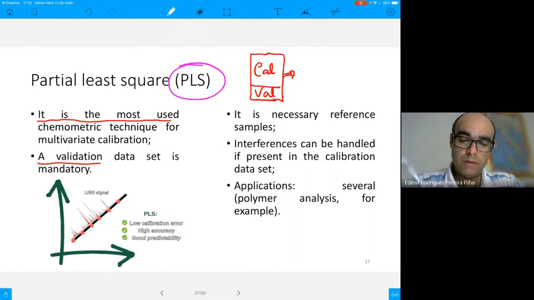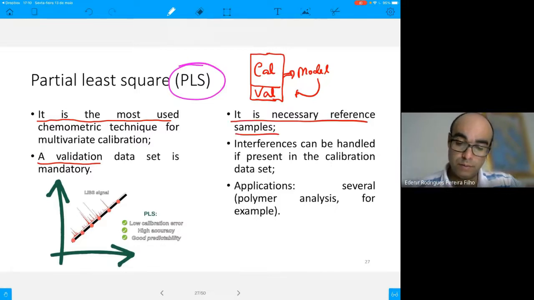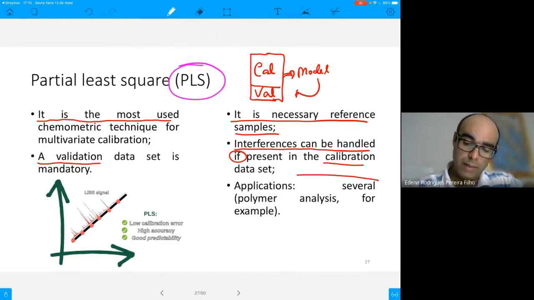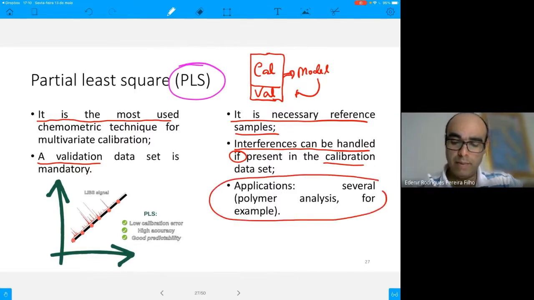In the first one, we calculate a model and test this model in the validation. Reference samples with reference concentrations are necessary. Interferences can be handled if present in the calibration data set. And we apply this strategy in polymer analysis, for example.